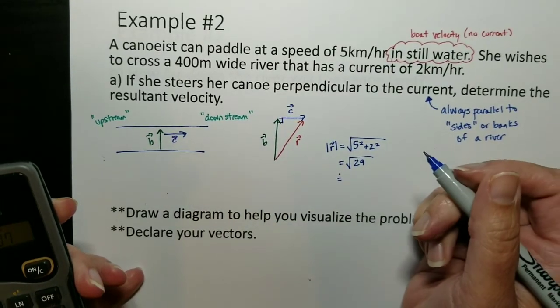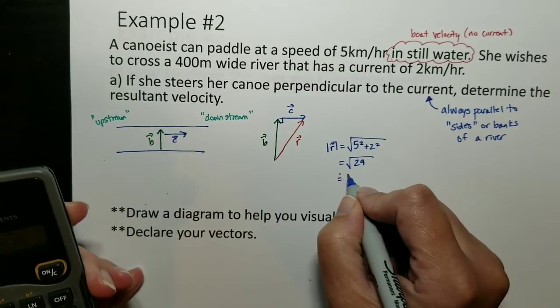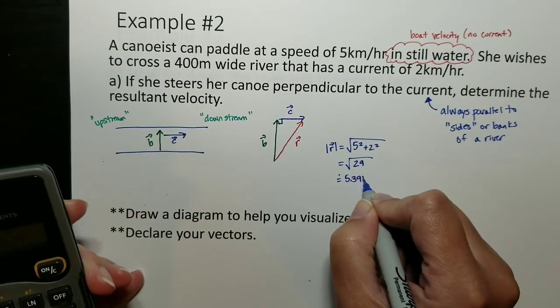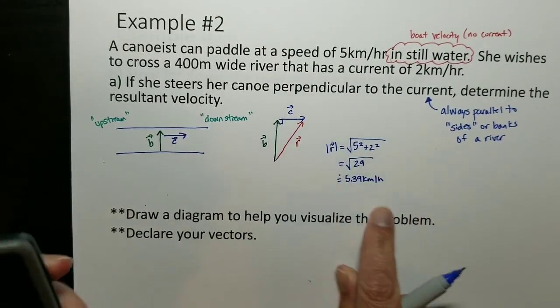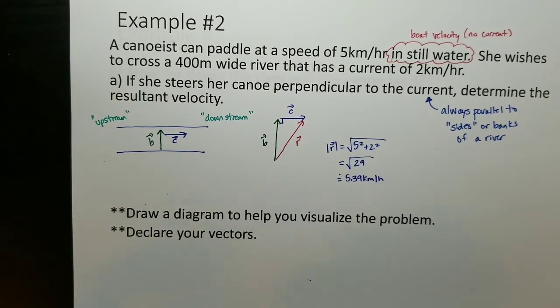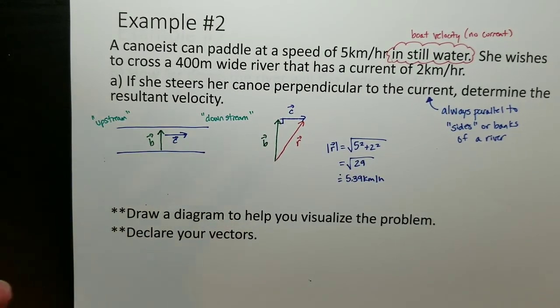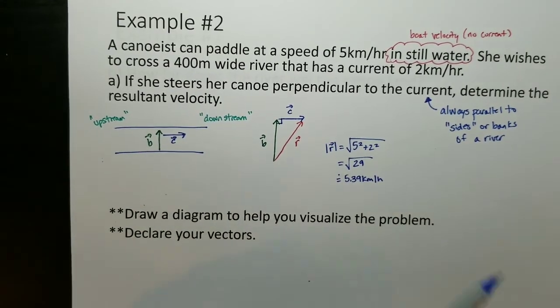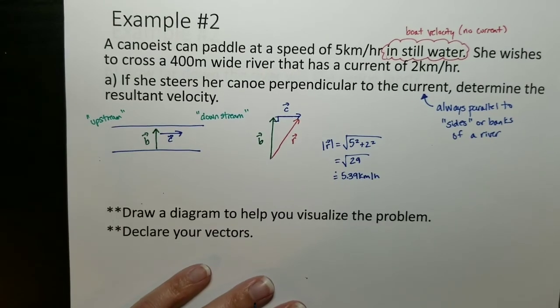Square root of 29 is 5.39. Obviously, we don't want to leave exact value answers if it is a real life question. Nobody would say, oh, I paddled root 29 kilometers an hour. Give an actual number.